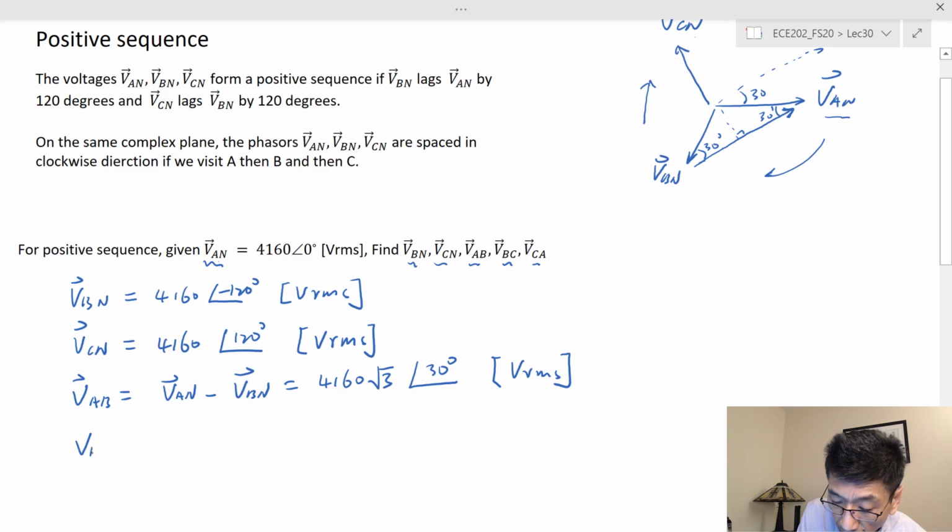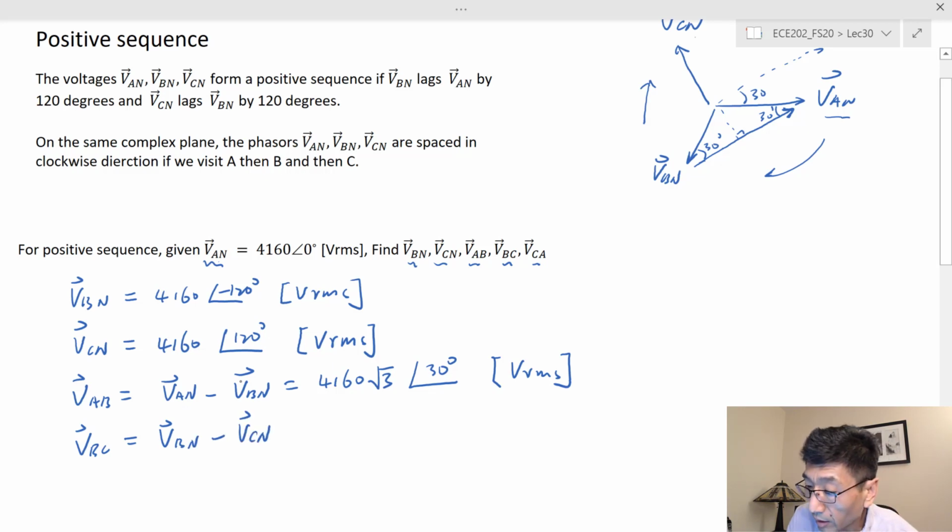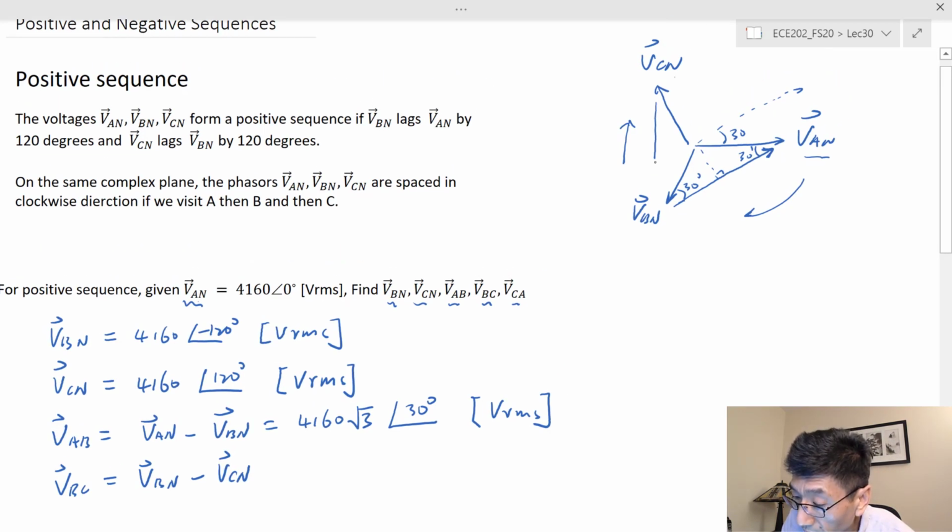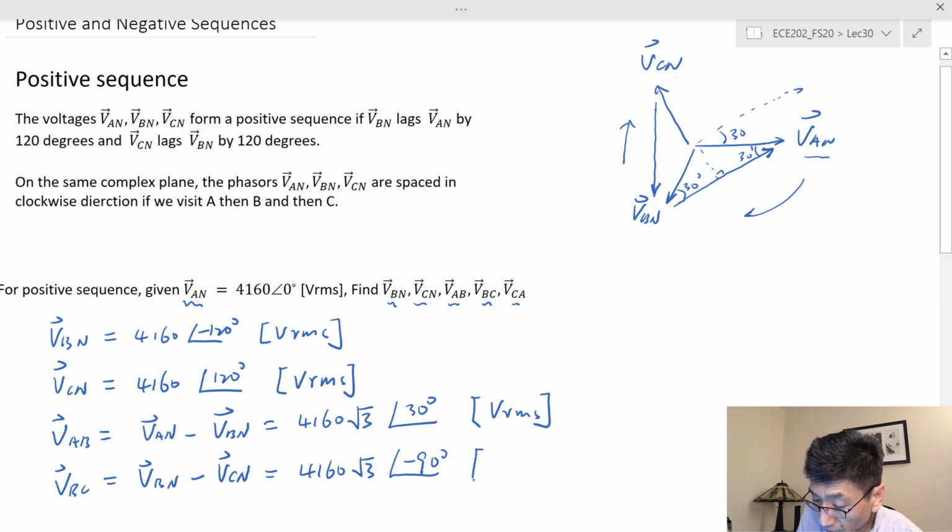Okay, and VBC is going to be equal to VBN minus VCN, and that's the phasor here. Therefore, that's going to be 4160 times square root 3 at a negative 90 degrees, in volts RMS.